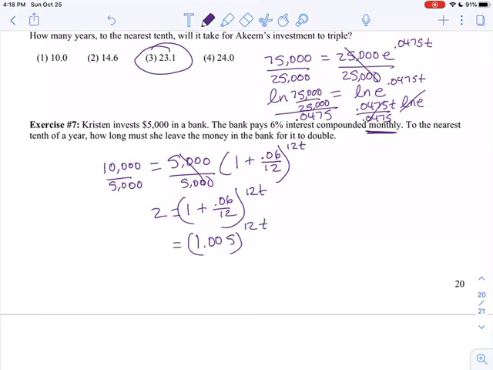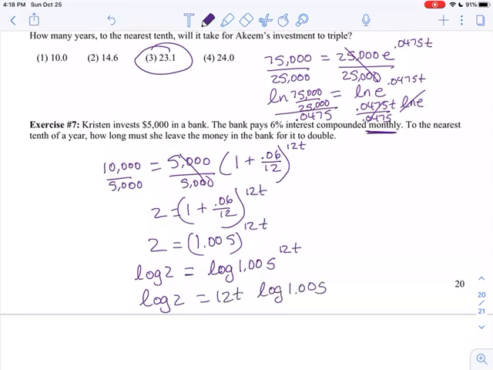All right. This 1 plus 0.06 divided by 12, I'm going to do that in my calculator, and it's actually going to be 1.005. And then remember, anytime I'm trying to solve an equation where the variable is the exponent, I'm going to take the log of both sides. I'm not going to do natural log because I don't have e. I'm just going to do the log of both sides. Okay, and that's to the 12t. That 12t comes out in front. The log of 1.005, I'm going to divide by that.